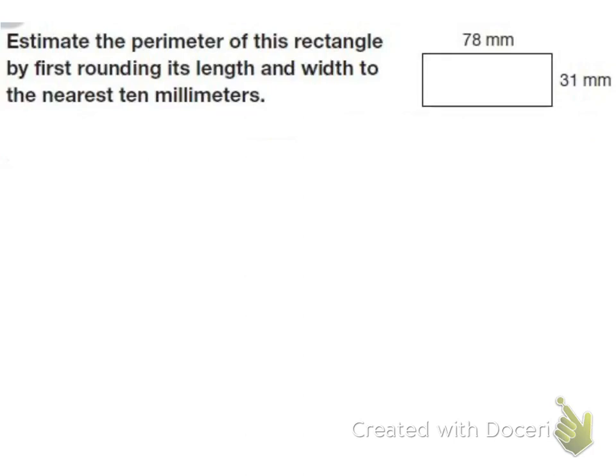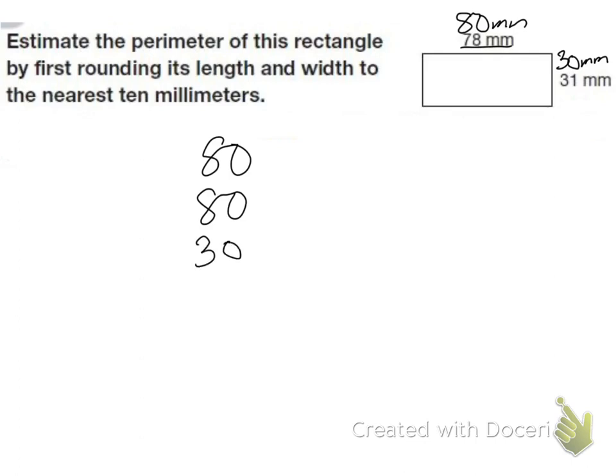This one says estimate the perimeter of the rectangle by first rounding the length and the width to the nearest 10 millimeters. So 78 is going to round to 80 millimeters. And 31 is going to round down to 30. So let's find the perimeter. So the perimeter equals 80 plus 80 plus 30 plus 30.